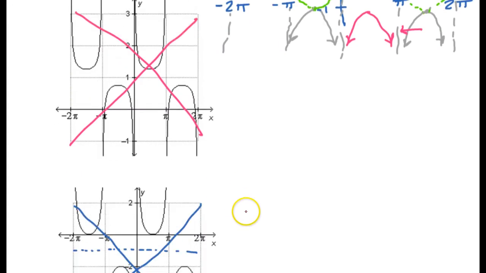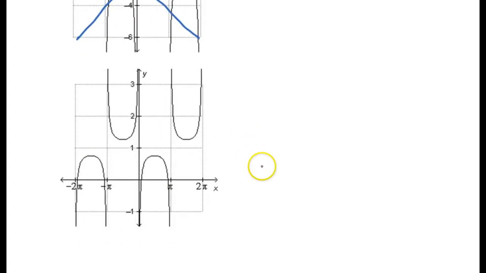This one has a downward facing loop on the left and an upward facing loop on the right. So that tells me that this graph is not the answer. That means the last graph must be the answer. And sure enough, I look at it and I see an upward facing loop on the left and a downward facing loop on the right, just as we predicted. All right, so let's just check our answer, and there you go.